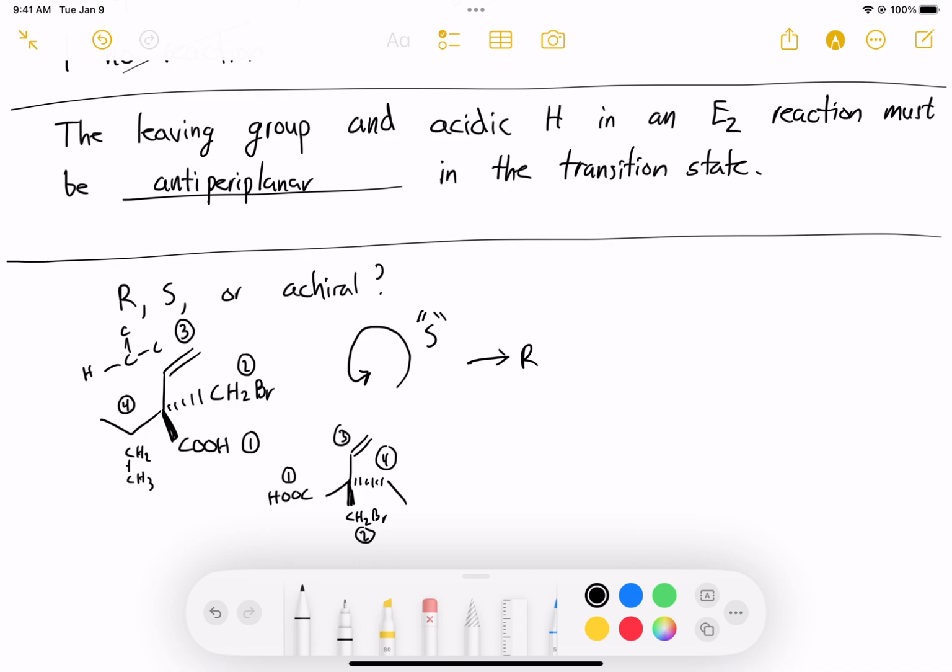Then we have another group here, so it's going to be wedged and dashed. So we get C, COOH, and then this one is CH2Br. Oh, so I'm right. It is S. No, it's R. So I'm wrong. Okay, let's see here. All right. So as drawn, we got it correct.